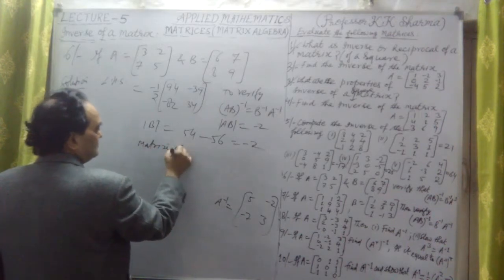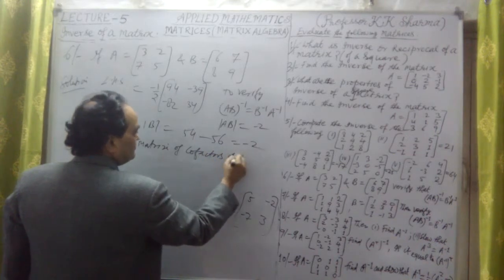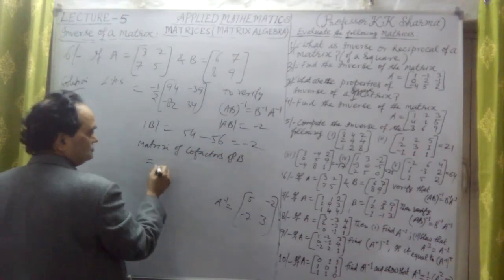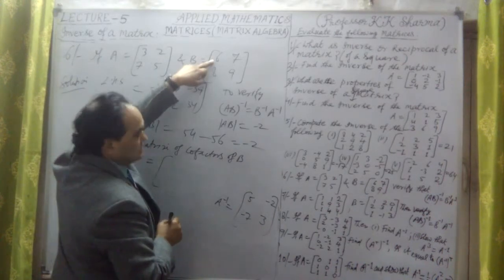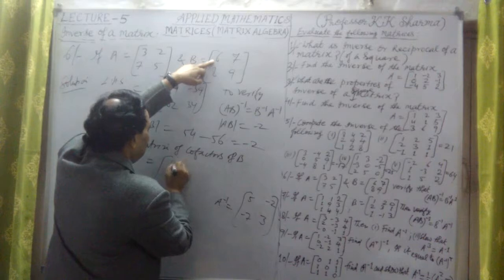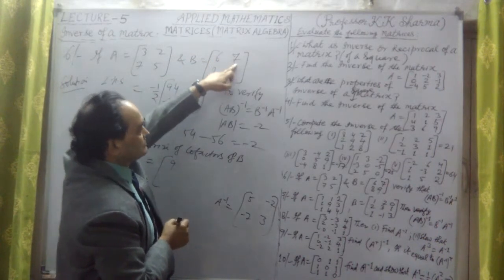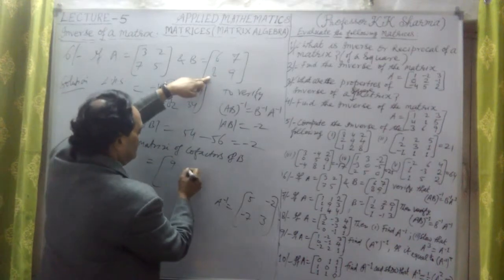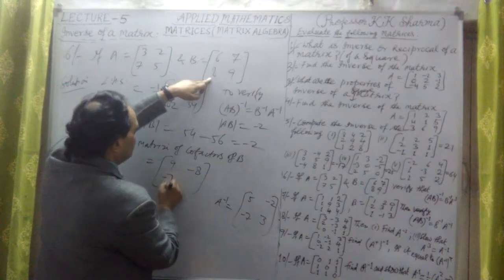The matrix of cofactors of B is equal to, let me write directly, of 6, the cofactor of 6 is 9. But of 7 it will be negative, minus 8. Of 8 it will be minus 7.